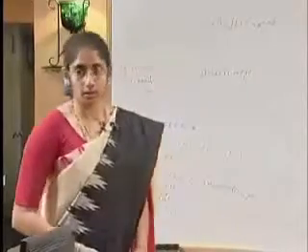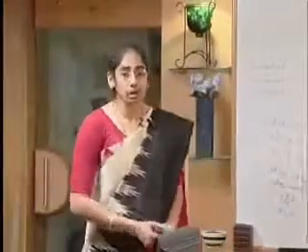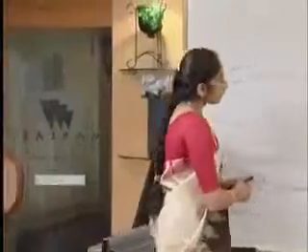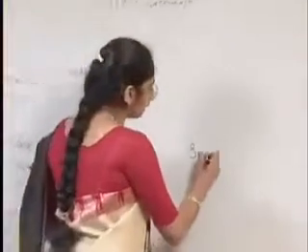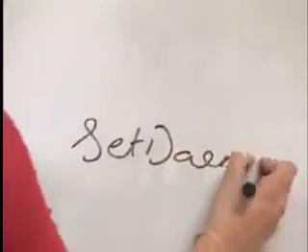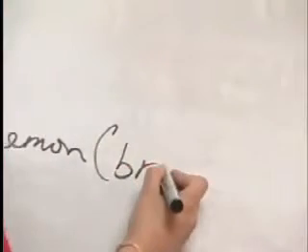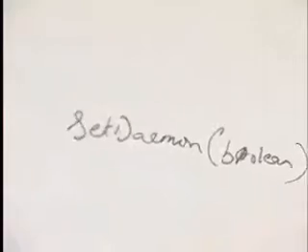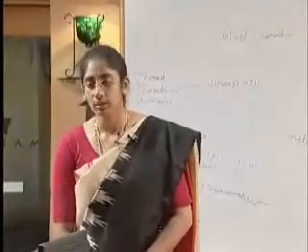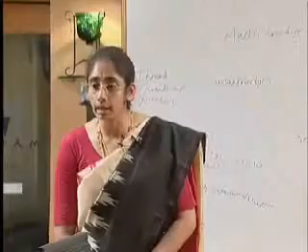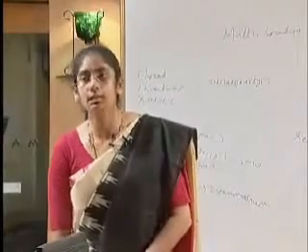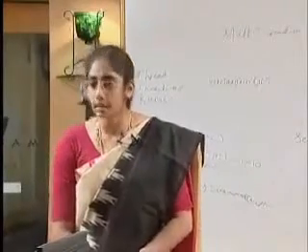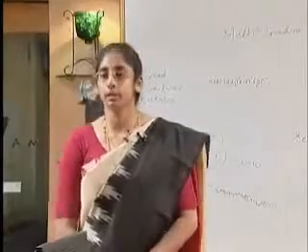When you create a thread object and, before calling start on it, you call setDaemon of true, then you are creating a daemon thread. If you create a thread object, say setDaemon of true, and then call start on that thread, it becomes a daemon thread.